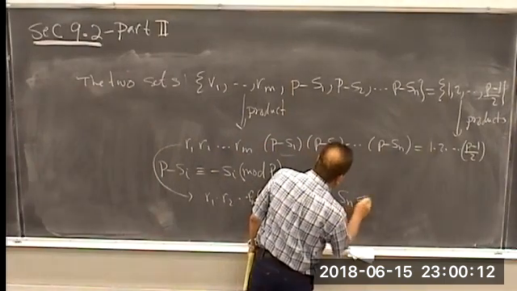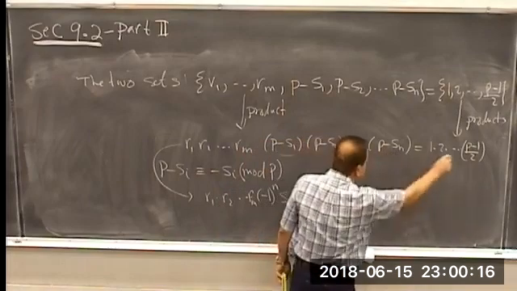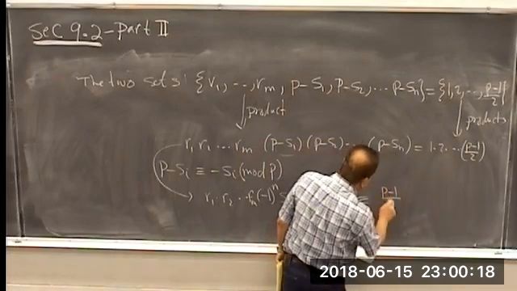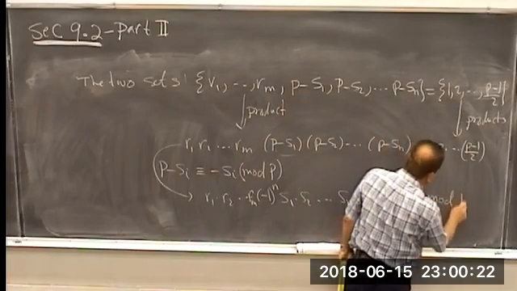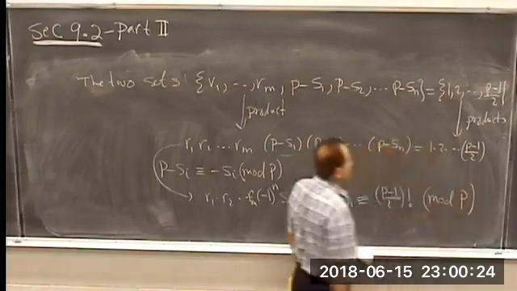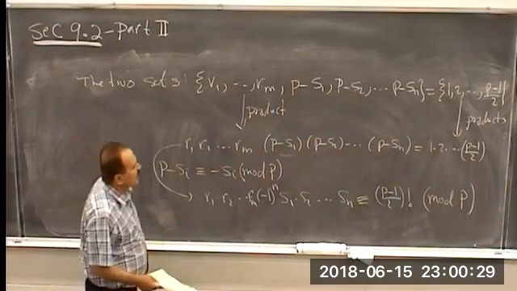And now we have to use congruence. This one is ((p−1)/2) factorial, but now we put mod p, because the left-hand side we reduce mod p, but I didn't do anything to the right-hand side.